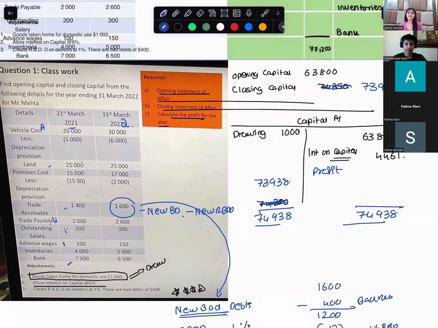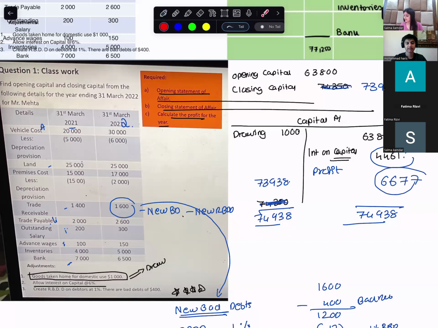74,938. So Miss, the loss will be 77,300. I don't understand from where you are getting loss, whereas we subtract the credit side from the debit side. It's a profit of 6,677.